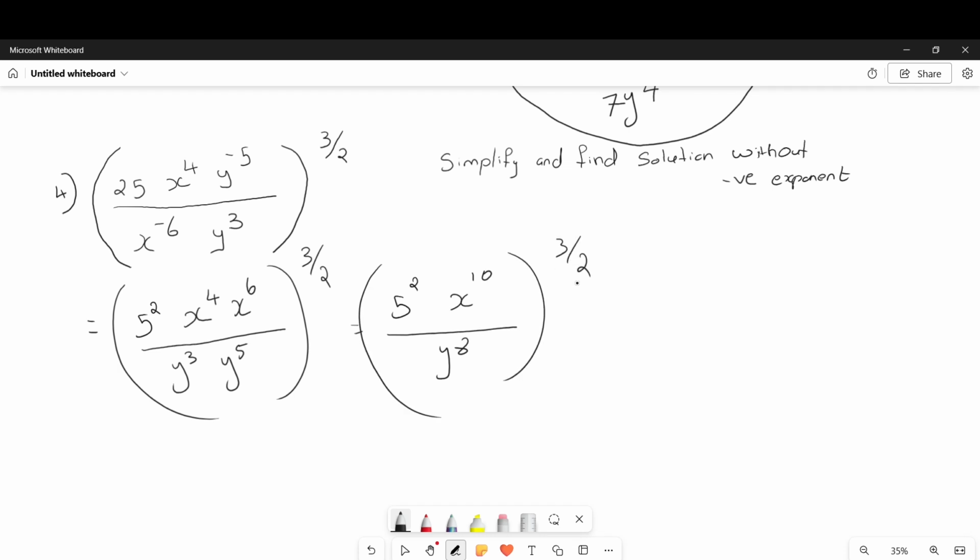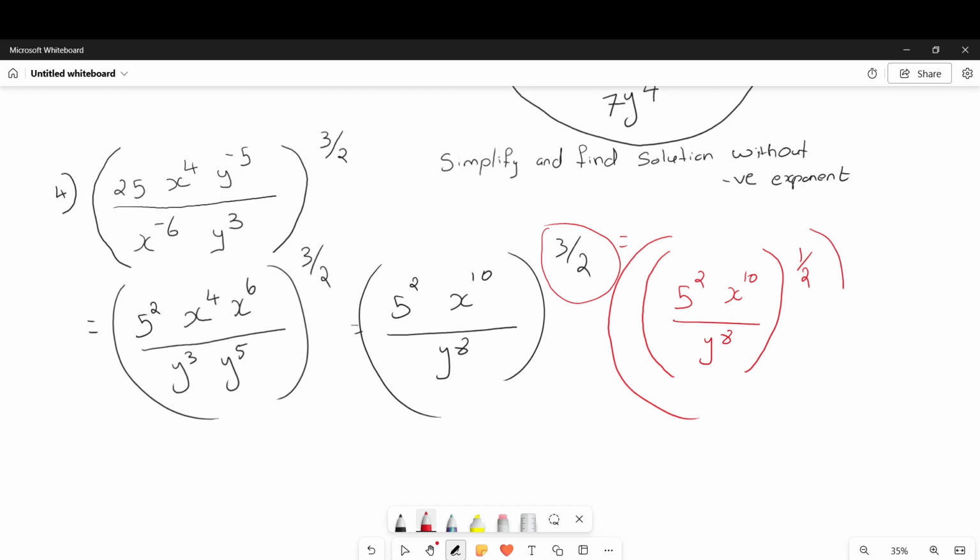So what does this mean? Look at this exponent here. See, 3 by 2. What is 3 by 2? 3 by 2 means we can simply write it like 5 square x to the 10 over y to the 8, raised to the power 1 by 2, and then again raised to the power of 3.